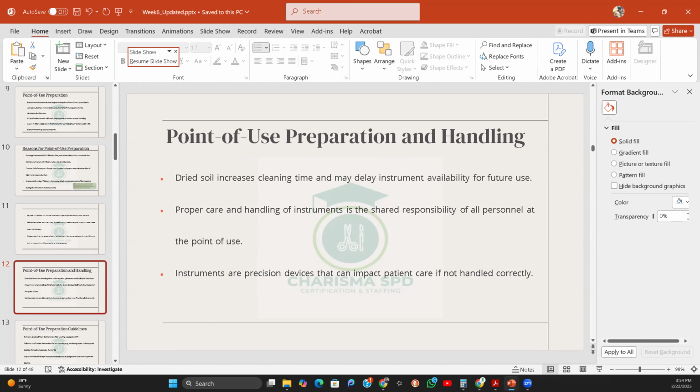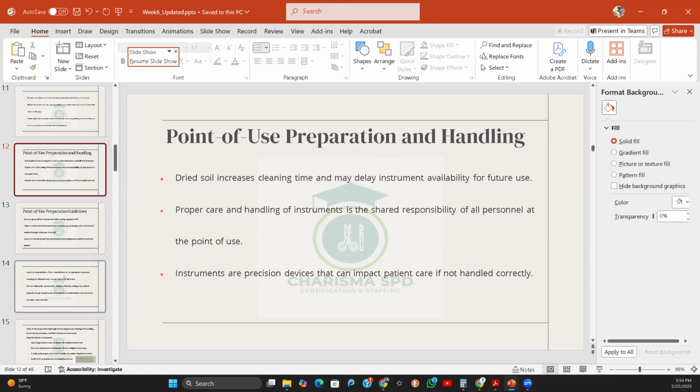If we don't do proper point of use preparation and don't remove the gross soil, and we allow fatty tissues, blood, and the rest to dry on the instrument, then we are going to increase, like I said earlier, the soaking time, because we need to soak for the detergent to break down the tissues before it will be easier for us to clean.